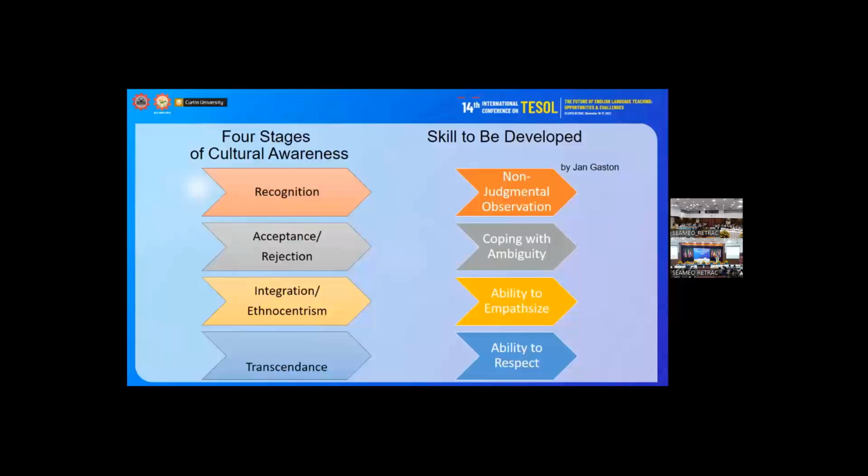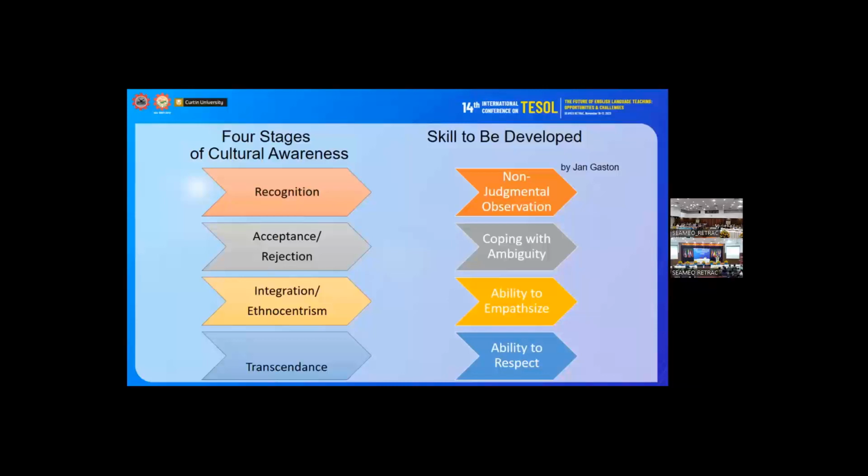The next stage is acceptance or recognition. And to help the student go through this stage, you would like to have them deal with ambiguity and realizing that not every society is organized in the same way. And the next stage is they either integrate or they have ethnocentrism.